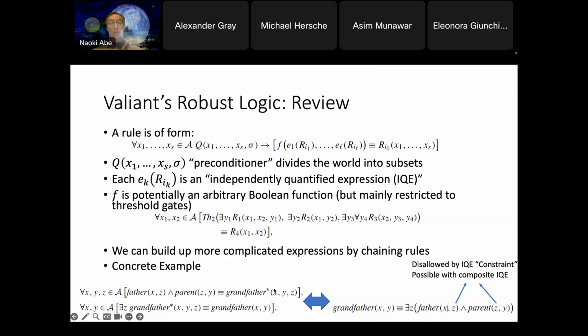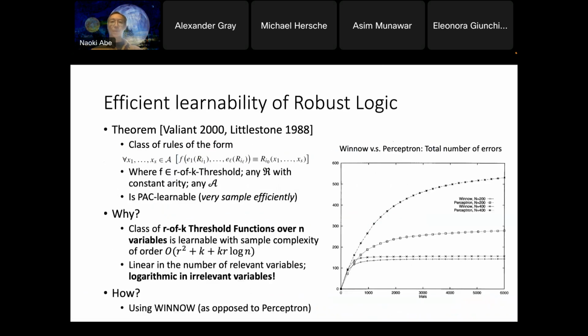For this, you can achieve the same thing using multiple rules. Alternatively, you can relax this constraint and have composite IQEs, allowing this kind of relation to be expressed in one single rule as well.